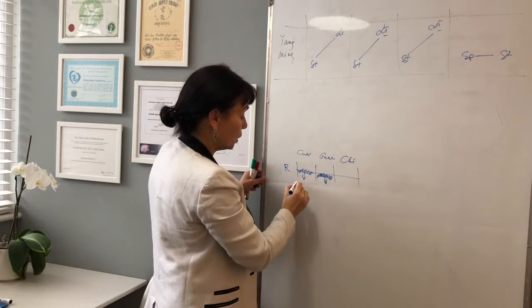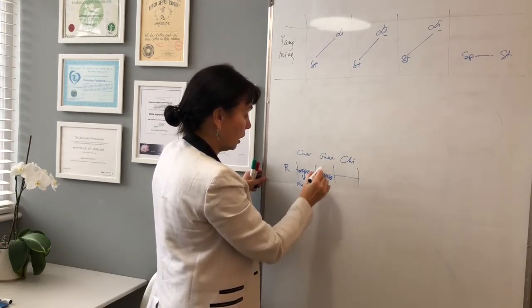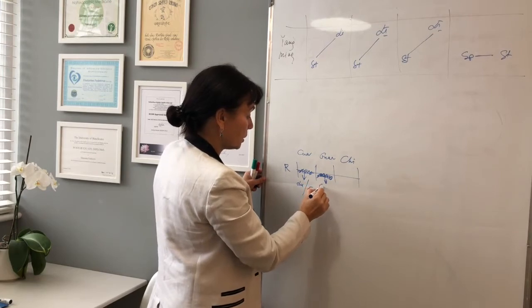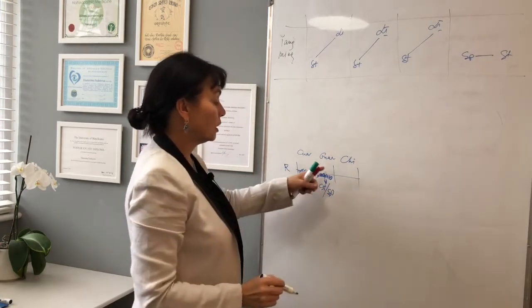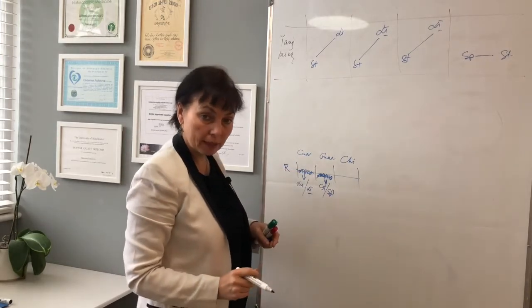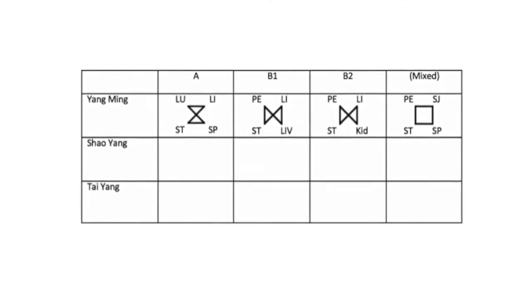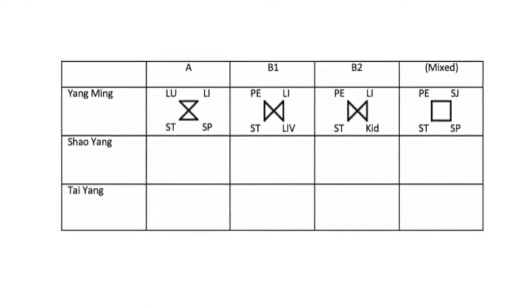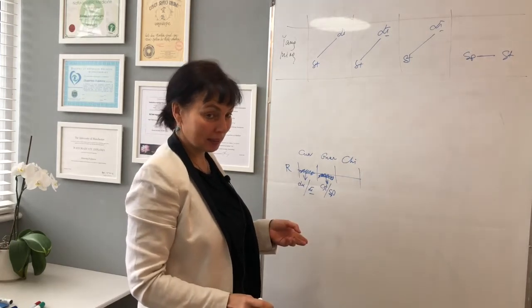Why? Because right Cun is lung, large intestine, and right Guan is stomach and spleen. So if these two pulses are out of balance, we think about these 4 patterns. If you see these pulses like this, this is Yang Ming business.